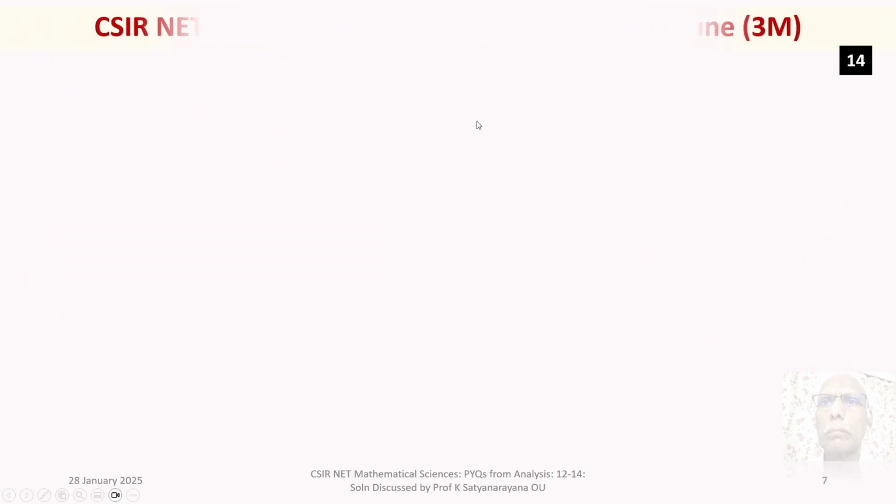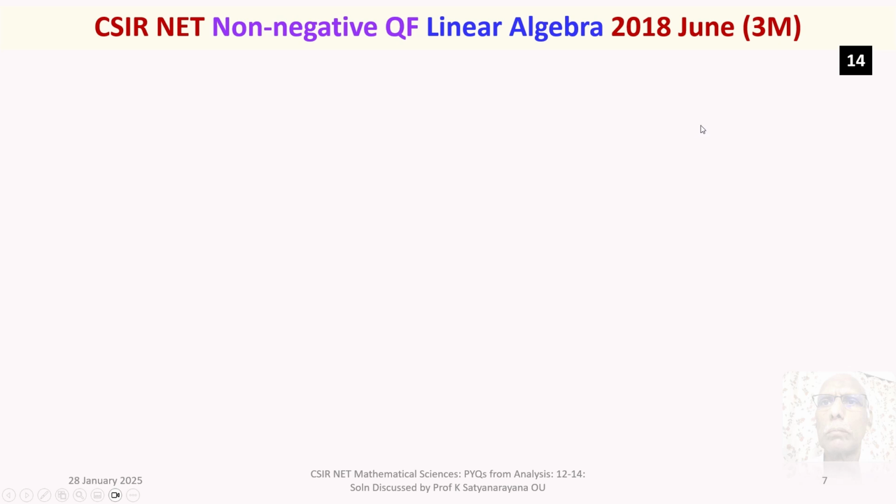Right. We move on to the last question, question number 14. This question appeared in June 2018, and it is from the section linear algebra, related to non-negative value of a quadratic form.